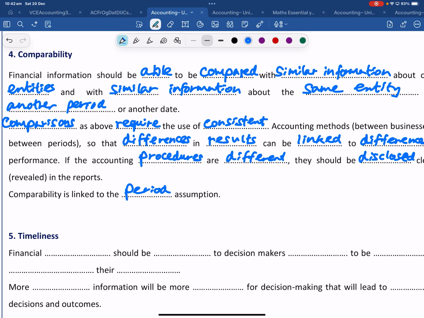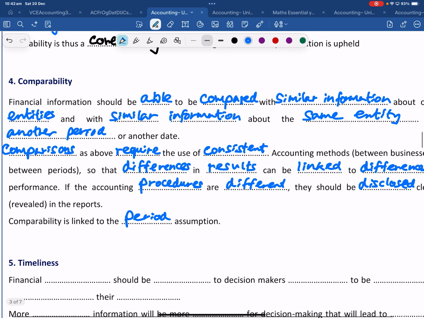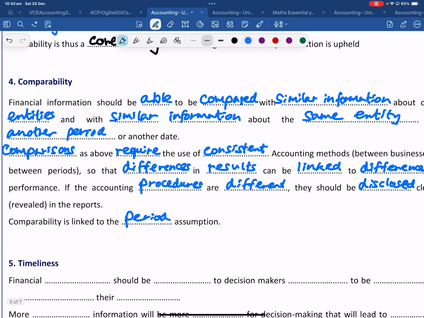Okay. Right. What does this one say? So, comparability, guys. This is actually pretty simple. Very simple, straightforward assumption, characteristic.